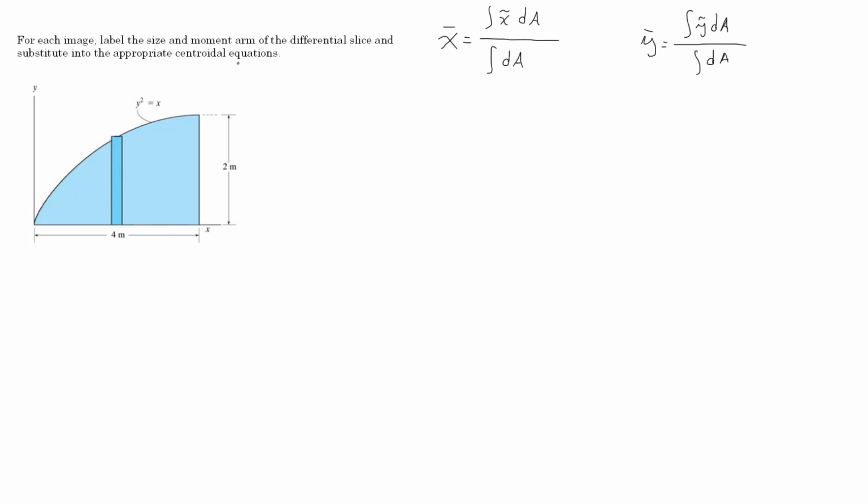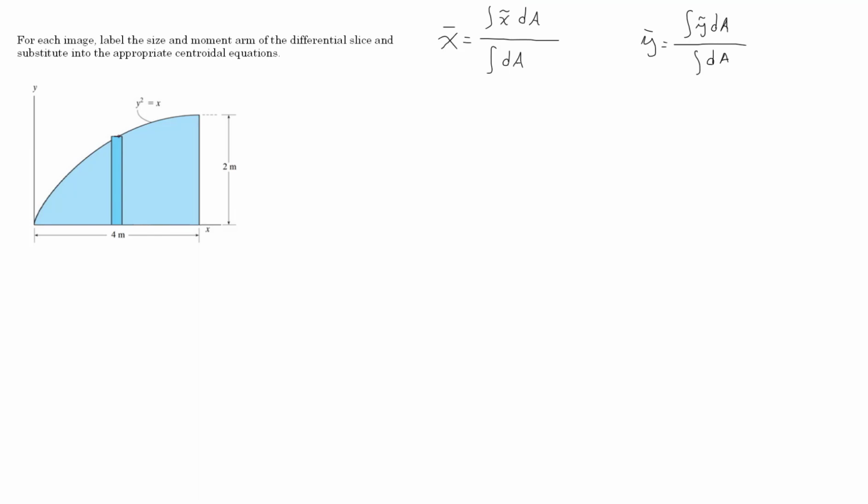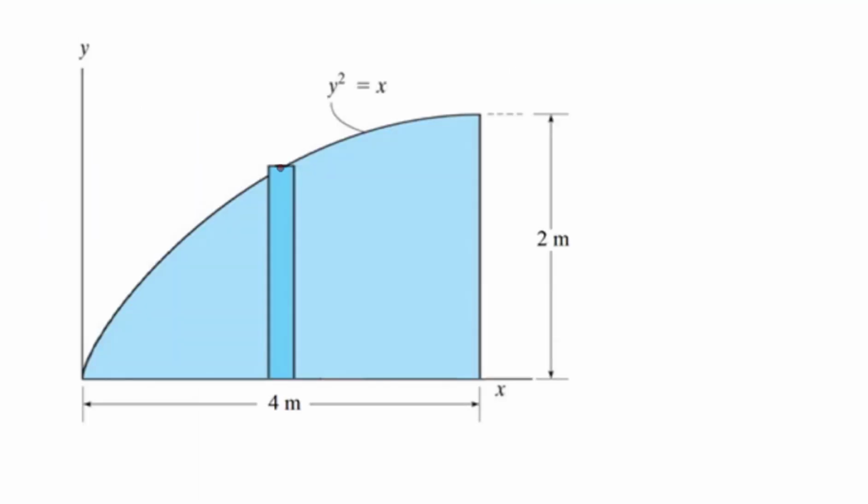Remember that I will have strategic points to identify. For example, this point is the intersection of my shape and my slice. This point is x, y.